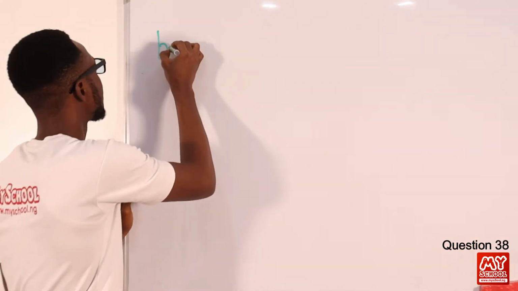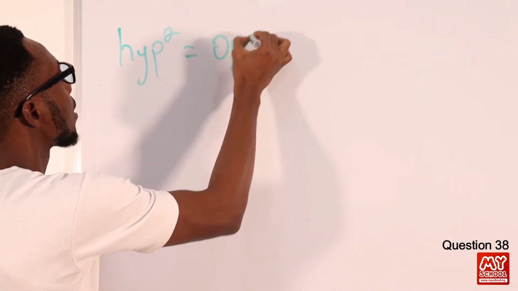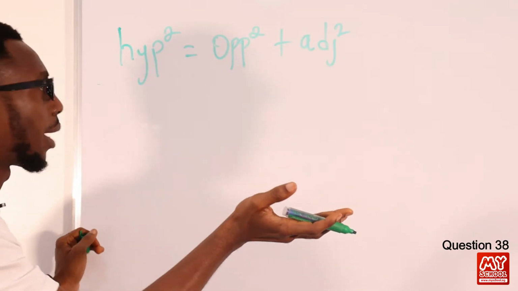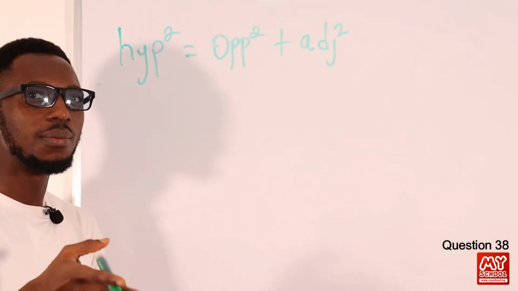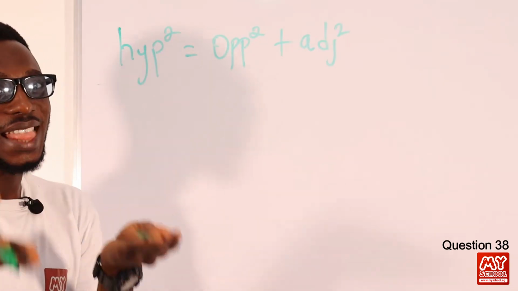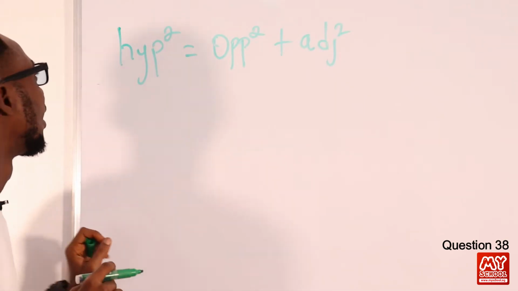So if you are going to use this, the hypotenuse square equals opposite square plus adjacent square. This is Pythagoras theorem, right? And we use Pythagoras theorem for a right angle triangle. So right angle triangle tells you that 90 degrees is involved. So I've given you the answer even before we worked out the steps.